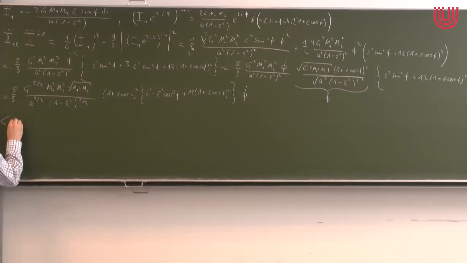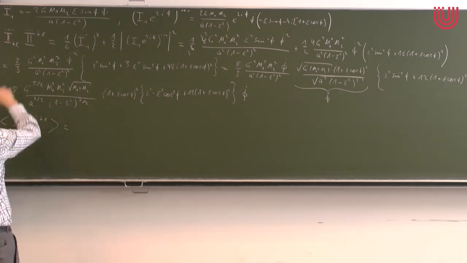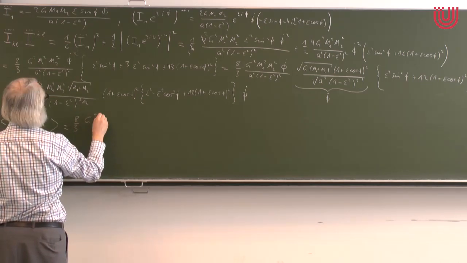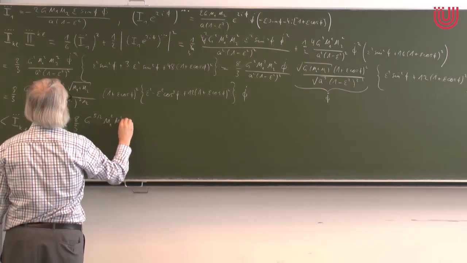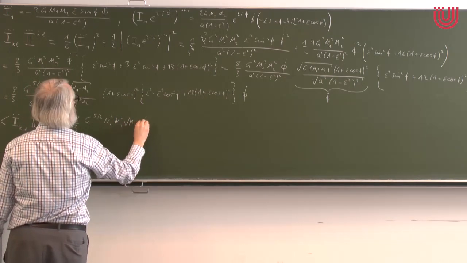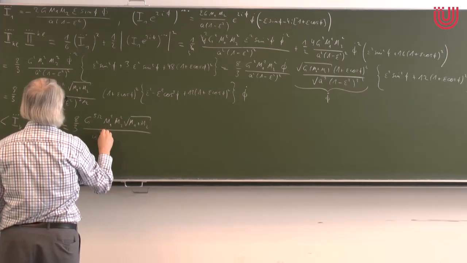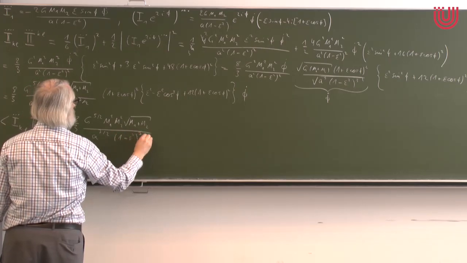For the quadrupole formula, I need the time average of this thing. This has nothing to do with averaging. It's just a constant factor. 8/3 g to the 5/2 m1 squared m2 squared root (m1 plus m2) divided by a to the 7/2 (1 minus epsilon squared) to the 7/2.